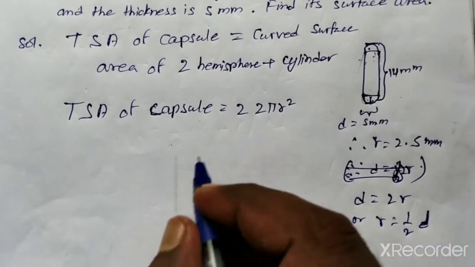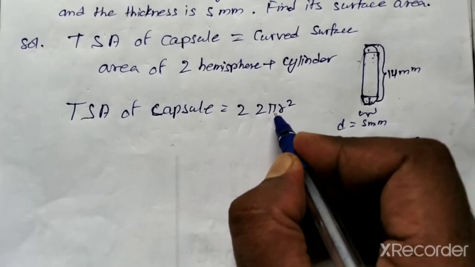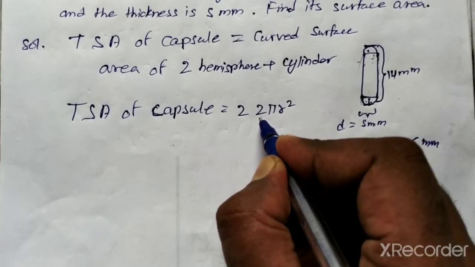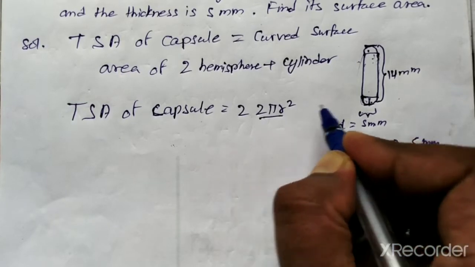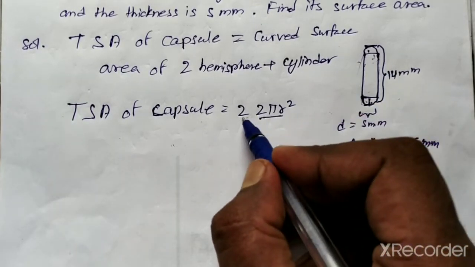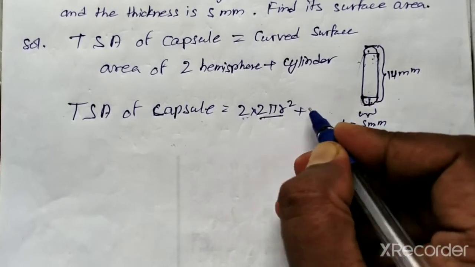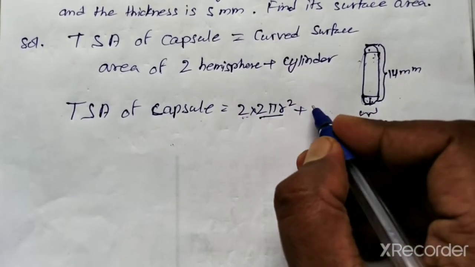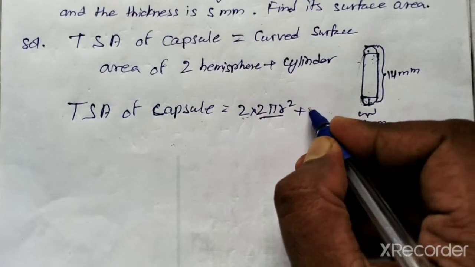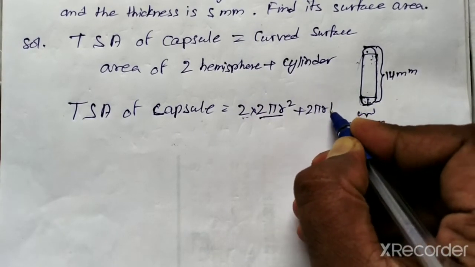Now this is the curved surface area of hemisphere. Two hemispheres are there, so we have written this 2. So 2 into 2 pi r square plus another is cylinder. For cylinder, curved surface area will be 2 pi r h.